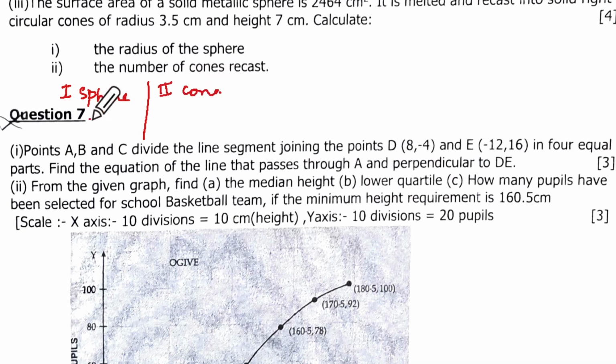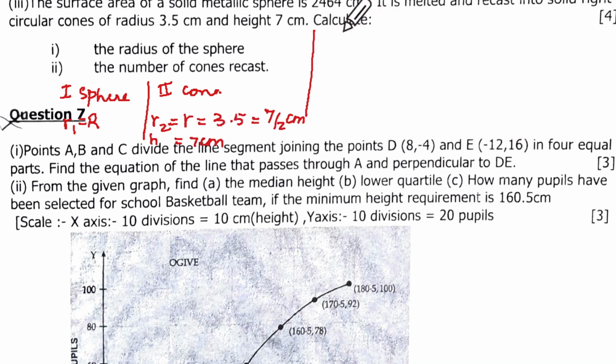Now for this, the radius is, let us say, big R. So R1 is equal to big R and R2 is equal to small r, which is 3.5 centimeter, which is 7 upon 2 centimeter. And here h is equal to 7 centimeter. Correct?